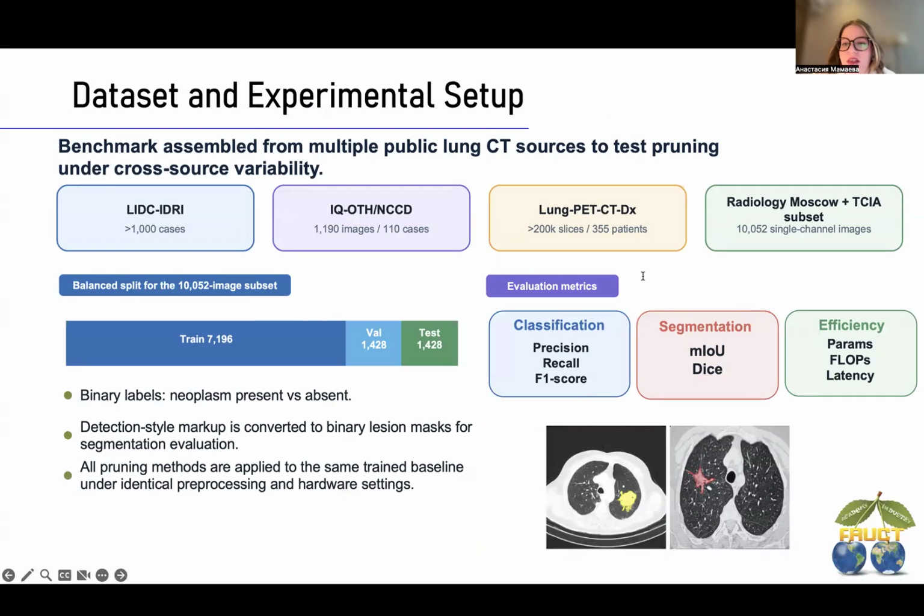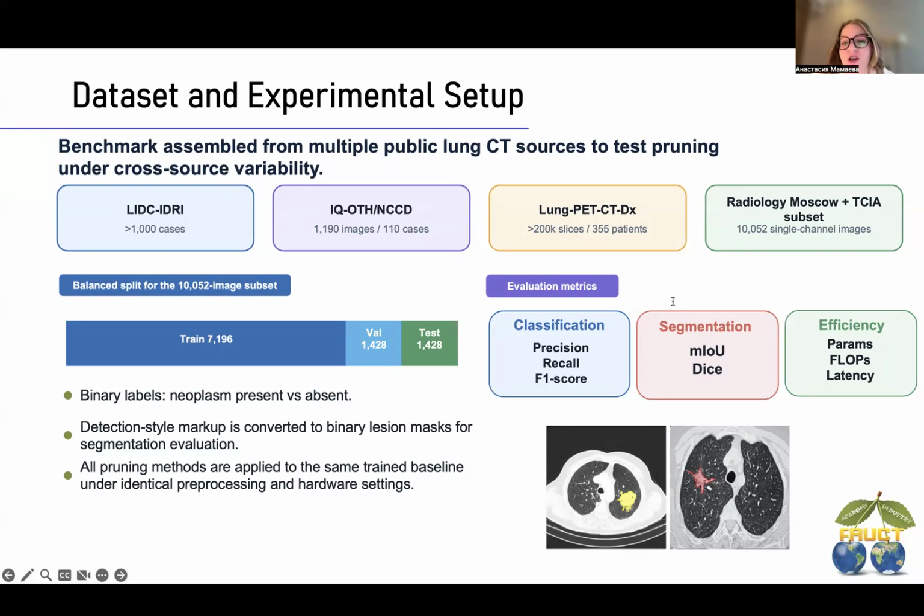To evaluate the methods, we built a joint benchmark from several public lung CT datasets and an additional subset from Radiology Moscow and TCIA. This creates a more realistic setting because the data come from different sources. For classification, we report precision, recall, and F1 score.